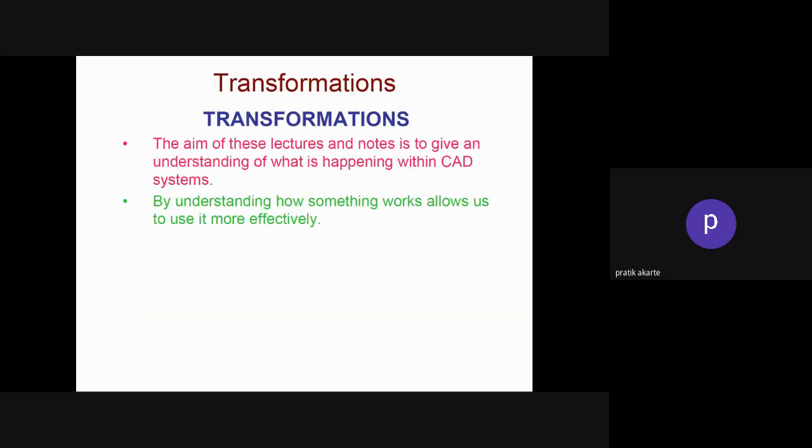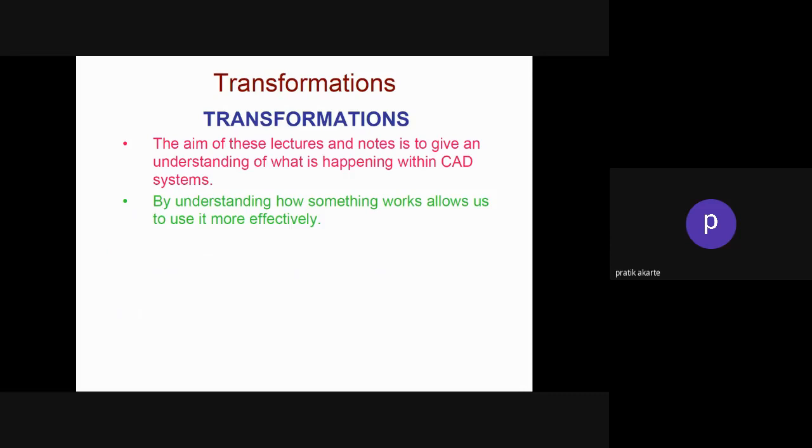So the aim of this lecture is to give you an idea of what is happening within the CAD system while performing the transformation, and understanding how something works allows us to use it more efficiently. If you know how things are carried out, you can use it very efficiently, rather than using it blindly.